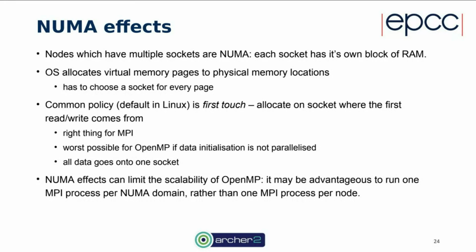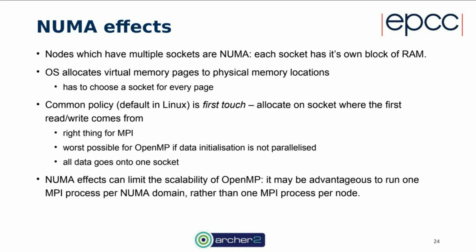So every time the operating system allocates a memory page, it has to choose which socket or NUMA domain it's going on. And then there's the issue that the common default policy in Linux is this first touch idea, so it's allocated on the socket where the first read and write comes from. That's clearly a sensible thing for MPI, but it's bad for OpenMP if we haven't done something pretty careful about our data initialization.